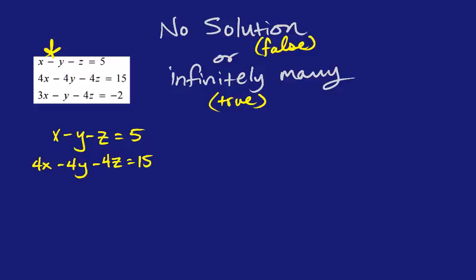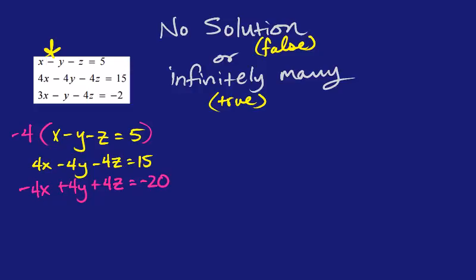But let's say we want to cancel out the z's. So looking at the first equation, you would want to multiply by negative 4, and that would make it negative 4x plus 4y plus 4z equals negative 20.